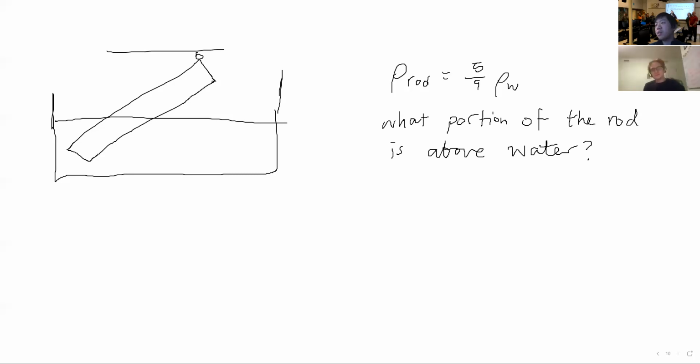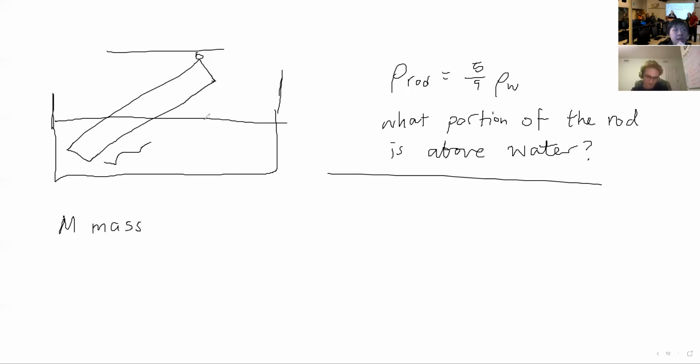All right. So here's what we can do. We can let M be the mass. We can let the entire length be L, and we can let the part that is above the water be small l.